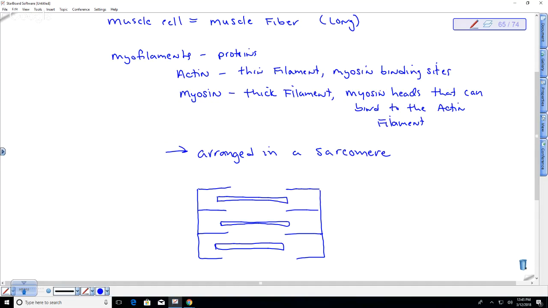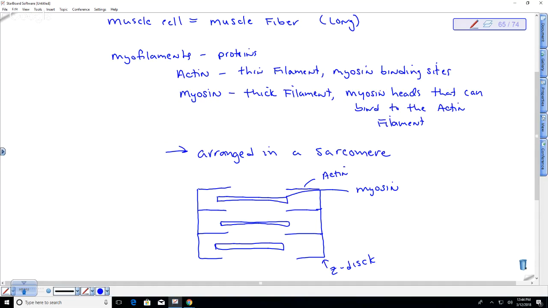So this would be the actin. This is my myosin. You don't need to know this, but this is called the Z disc. But this whole thing is called one sarcomere.